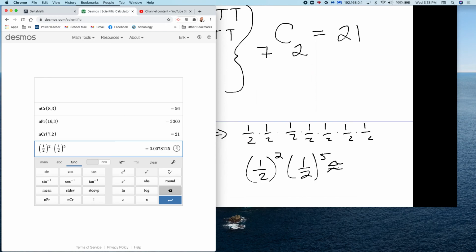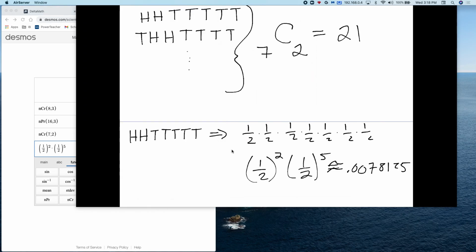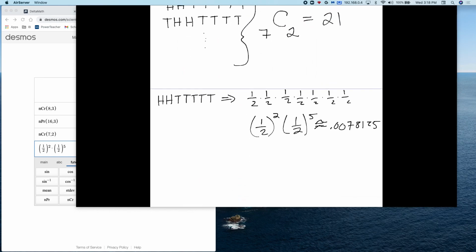It's roughly 0.007812. If I multiply those 2 things, I would get that probability.